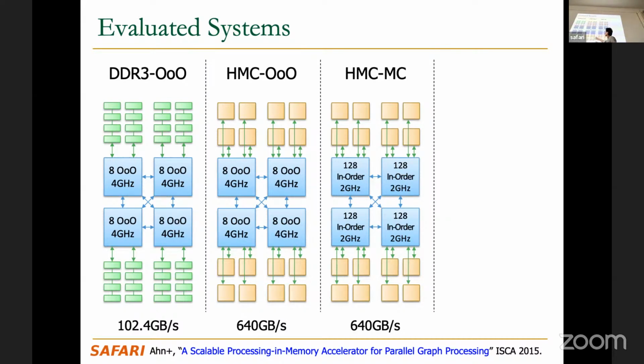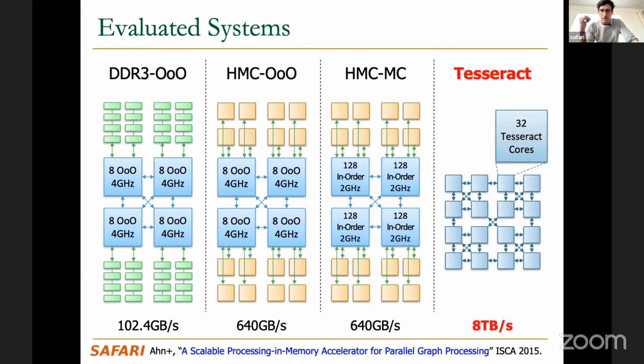The second baseline replaces the DDR3 memory with HMC memory, which is like 3D-stack memory, with high bandwidth access from the host as well, but obviously not as high as if you operate inside the memory. And also a baseline that employs in-order cores, many more cores, as you can see. These are some of the baselines that are compared to the Tesseract system.